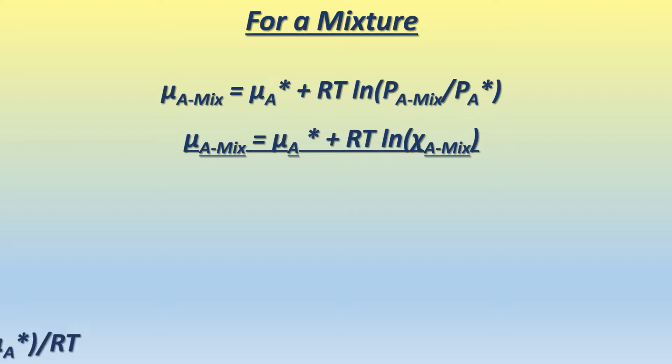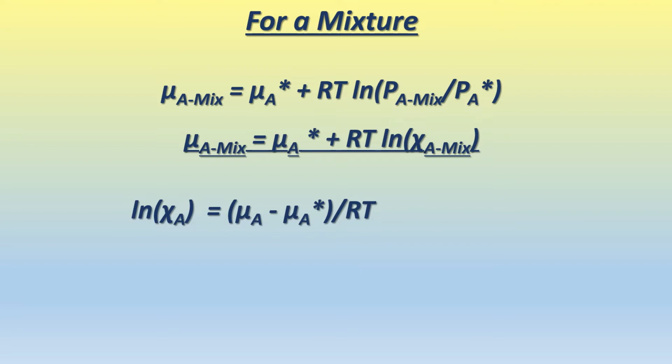This can be rewritten that the log of the mole fraction of the solvent in the mixture is equal to the potential of the solvent minus the potential of the pure solvent over RT. Since the chemical potential is related to the Gibbs free energy, this is essentially equal to the Gibbs free energy of vaporization over RT. So essentially, the amount of solvent you have is related to the heat of vaporization of that solvent.